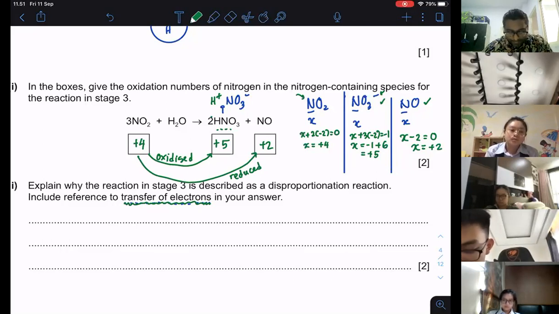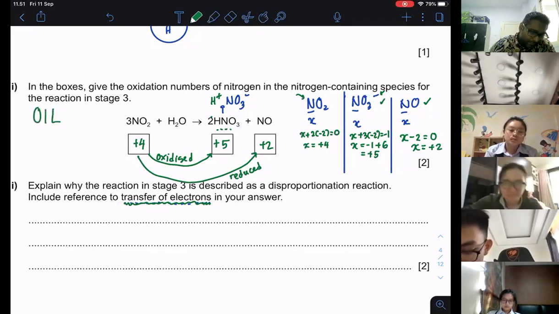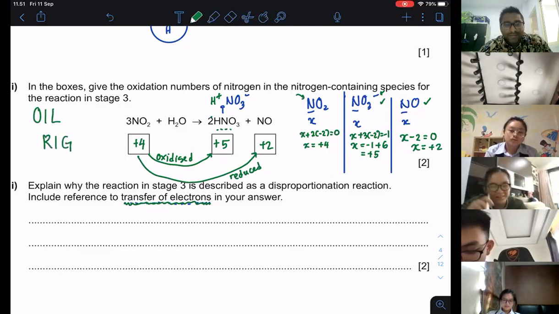Now when something is oxidized, it means that you lose electrons or gain electrons? OIL RIG: oxidation is loss of electrons. You can even see from the numbers how to get plus 4 to become plus 5. It means you must lose 1 electron, lose 1 negative 1.